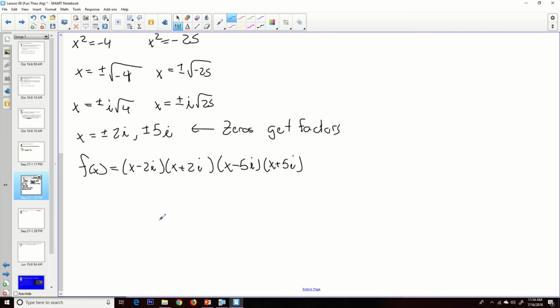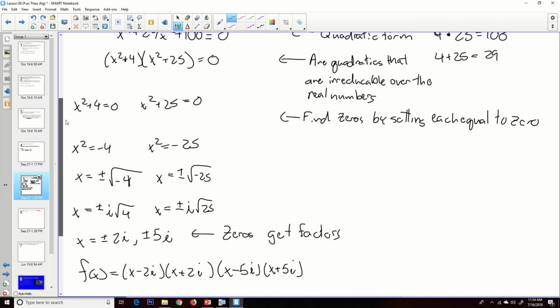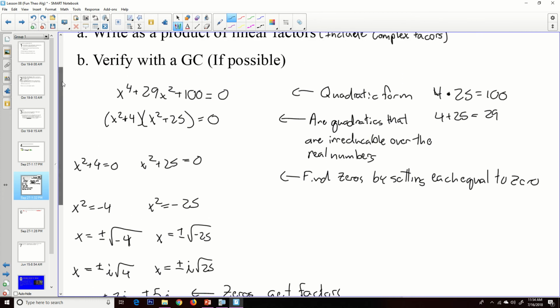Now here's the thing. We're going to try and stick this in the graphing calculator, but we're going to have a few issues with it. You'll notice that if the y-intercept is going to be 100, I have a feeling that this 100 will be the smallest value, and so we won't be able to verify any of them.